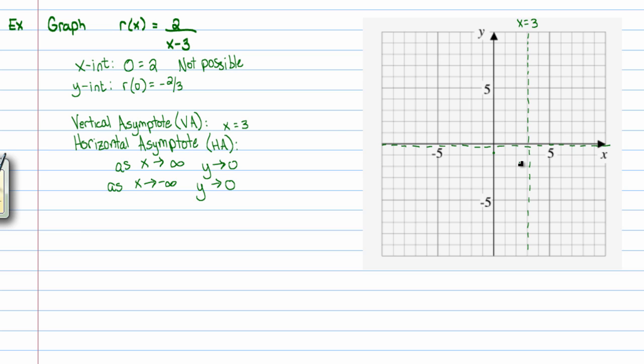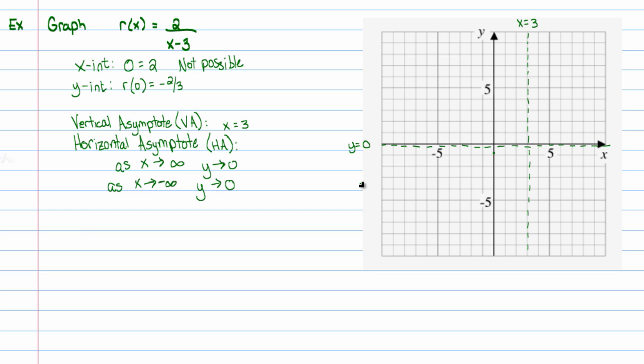Take note that the equation for the x-axis is y equals 0. That means the heights are all 0 there. Also, you can, for a lot of functions, cross the horizontal asymptote. It is allowable, but some functions just won't, like this one. There's no x-intercept.